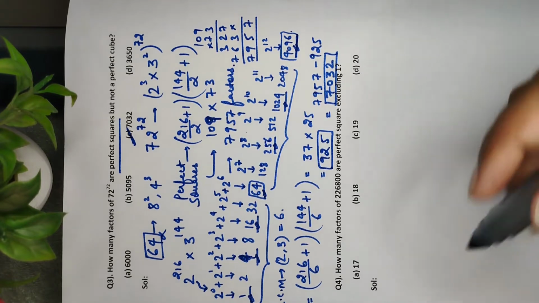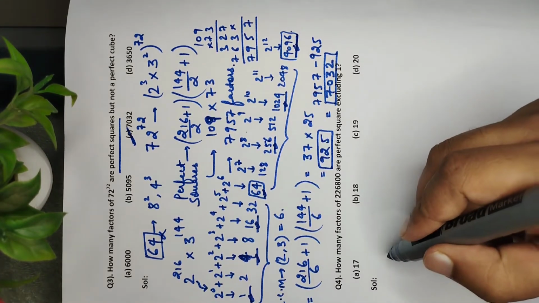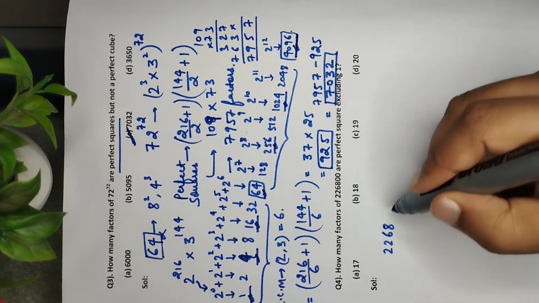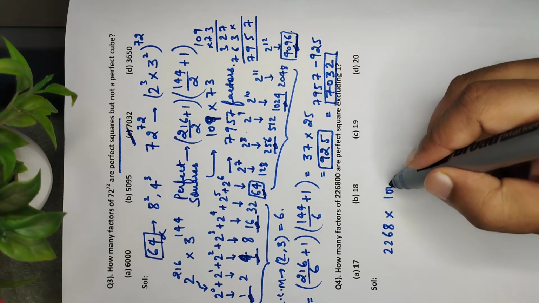in it. That is, if I have to find the perfect squares, what I can do is 2268, and then I can write this one as 100.